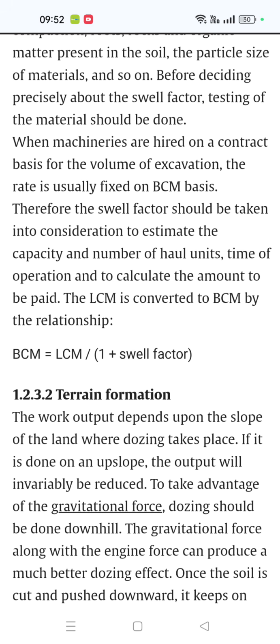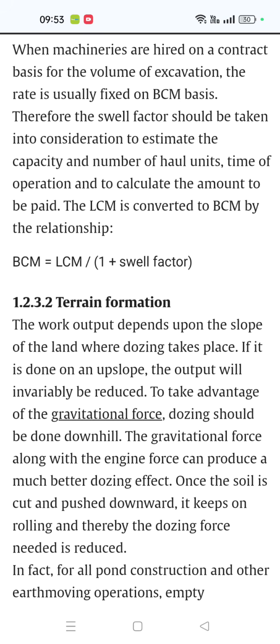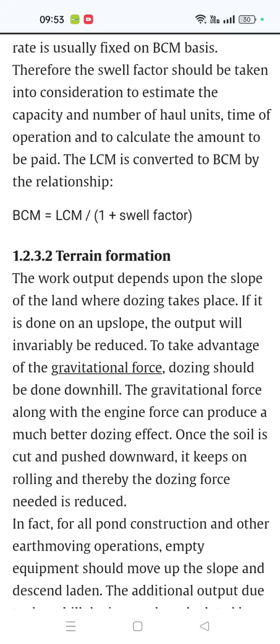Therefore, the swell factor should be taken into consideration to estimate the capacity and number of hauls, unit time of operation, and to calculate the amount to be paid. The LCM is converted to BCM by the relationship BCM = LCM / (1 + swell factor).